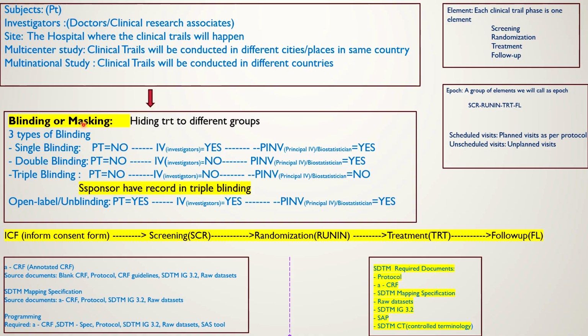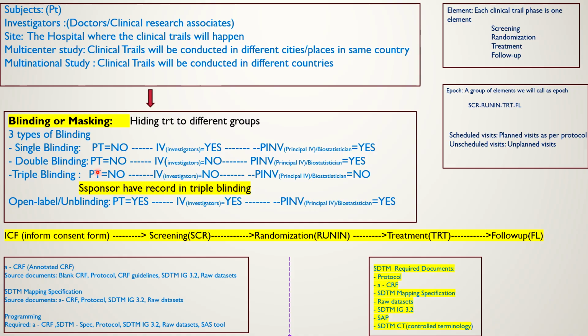Here the most important thing is blinding or masking. What is blinding or masking? Hiding the treatment from different groups. We can see three types of blinding: single blinding, double blinding, and triple blinding. Single blinding is where the patient doesn't know about the study treatment, while everyone else knows.